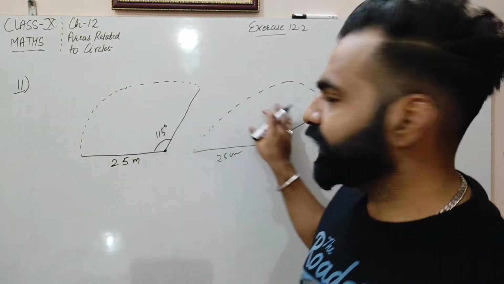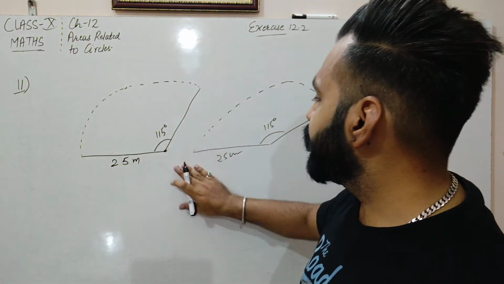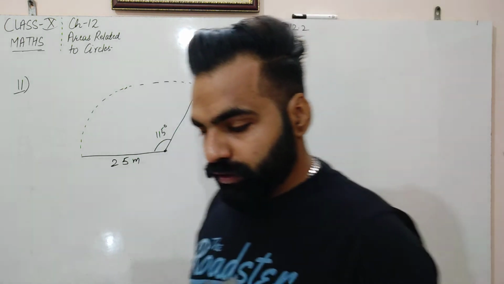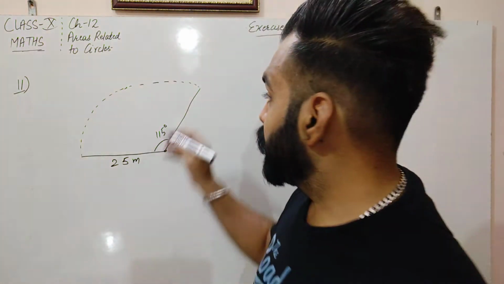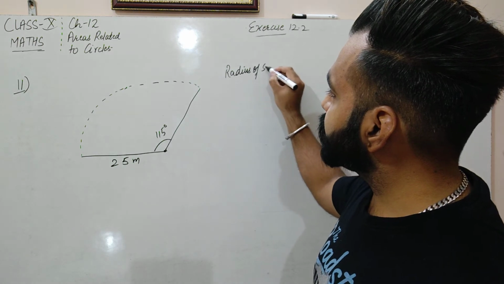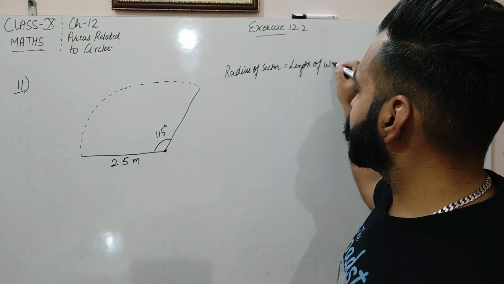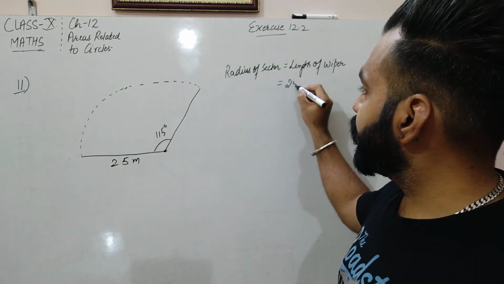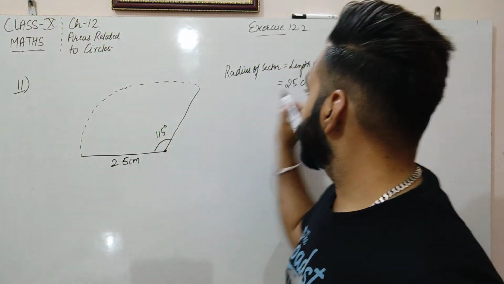So both the areas are equal here, so we can find area of one sector and we can multiply it by 2 later on. So now we have to find the total area cleaned at each sweep of the blade. So the radius of this sector will be equal to length of wiper. So radius will be equal to 25. This is 25 centimeter. Clear?